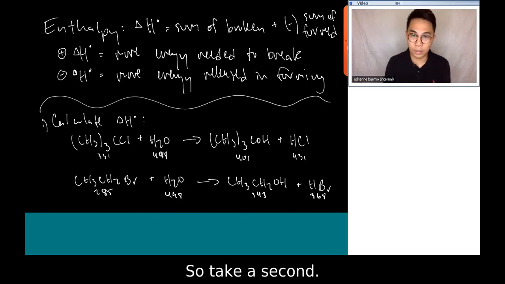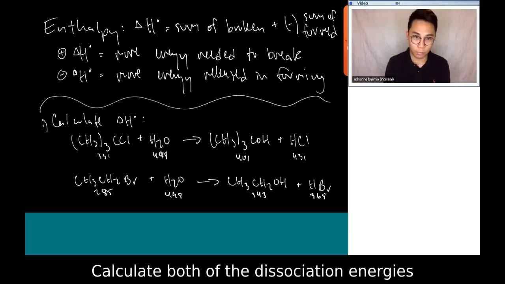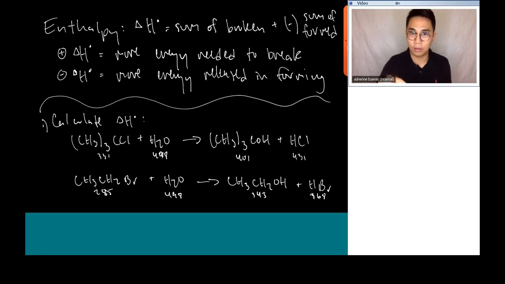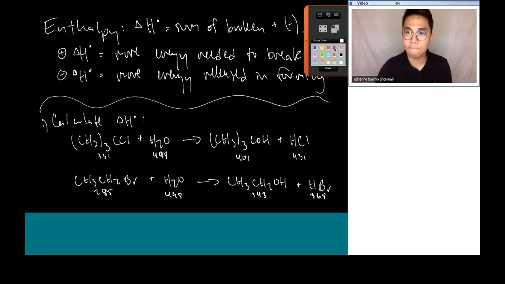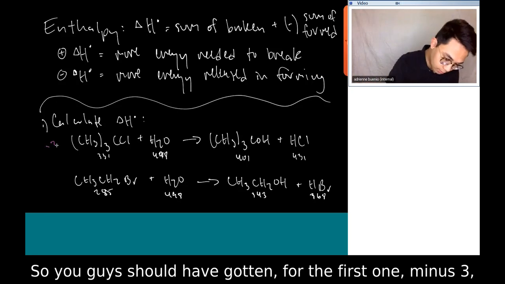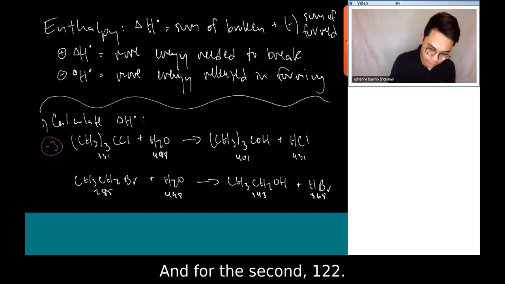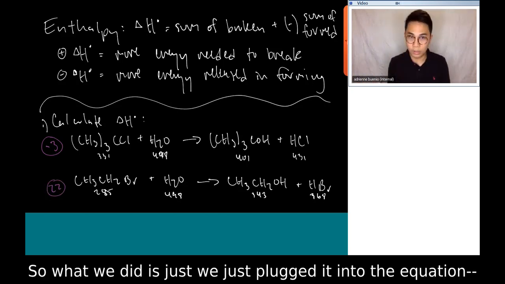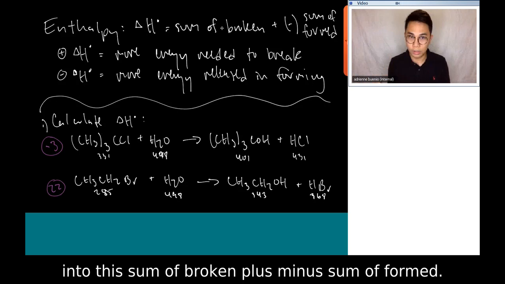Take a second, calculate both of the dissociation energies and come back to me. Okay, so you should have gotten -3 for the first one, and 22 for the second one. What we did is we plugged it into the equation, this sum of broken minus sum of formed.